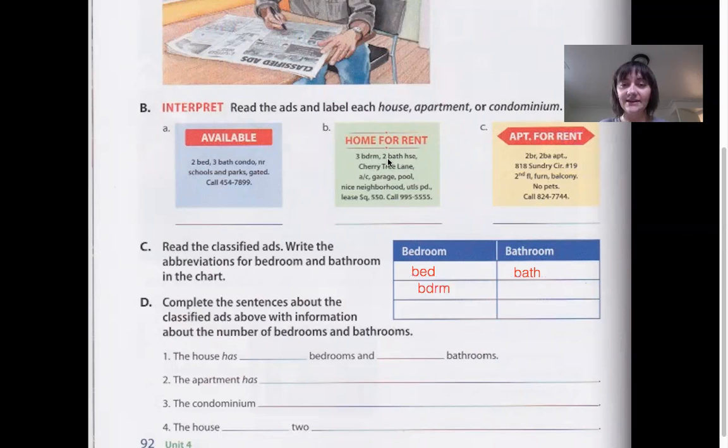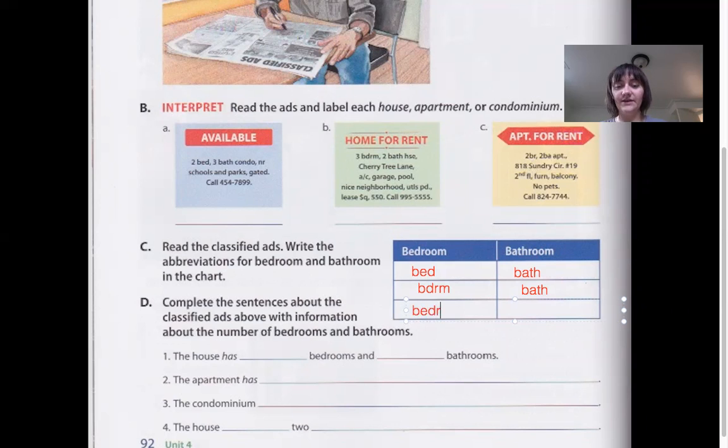And then bath says 2 bath. This one is B-A-T-H, bath. Now, let's look at the third one, apartment for rent. This one says 2 BR, 2 BA. So we have bedroom is BR, right?